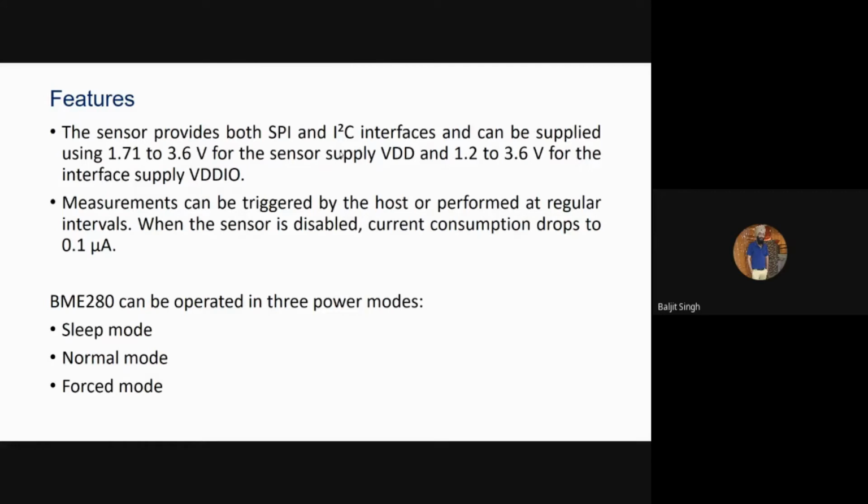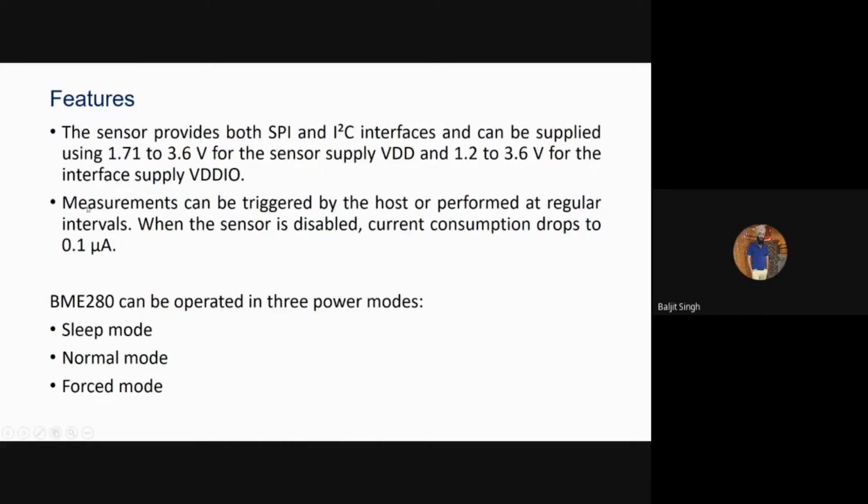The interfaces can be supplied using 1.71 to 3.6 volt for the sensor supply and 1.2 to 3.6 volt for the interface supply. Measurements can be triggered by the host or performed at regular intervals.